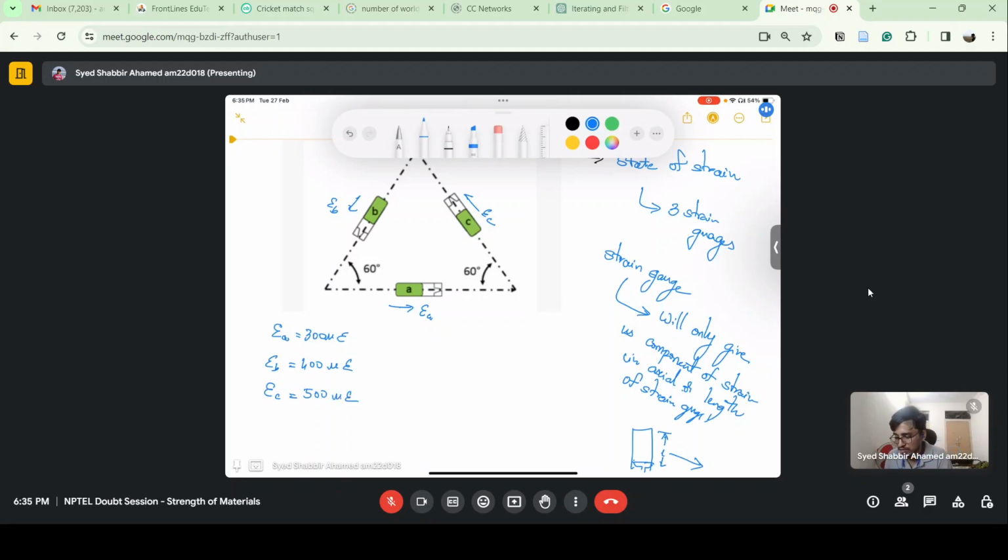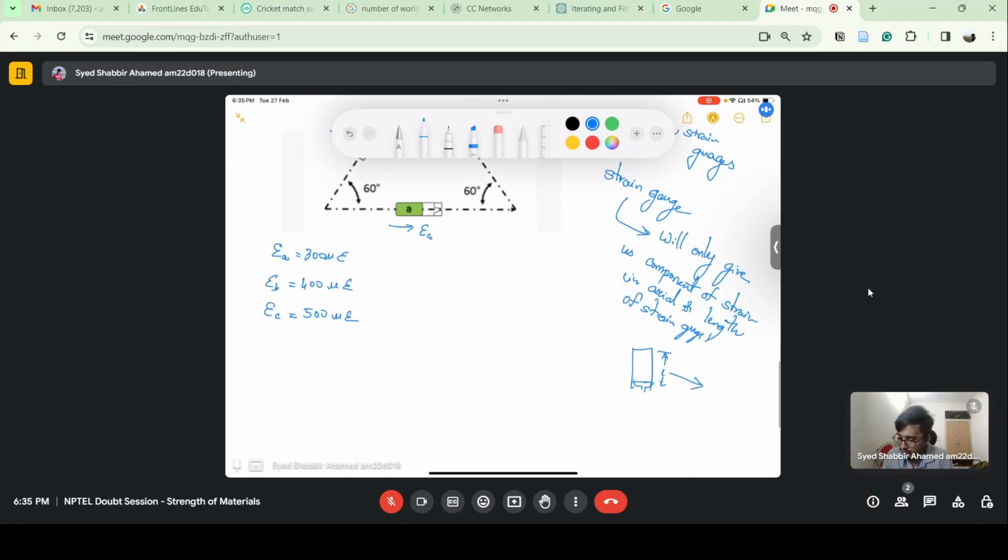So we have got these measurements of the strain gauges, the strains along these directions of the strain gauges which we have applied.